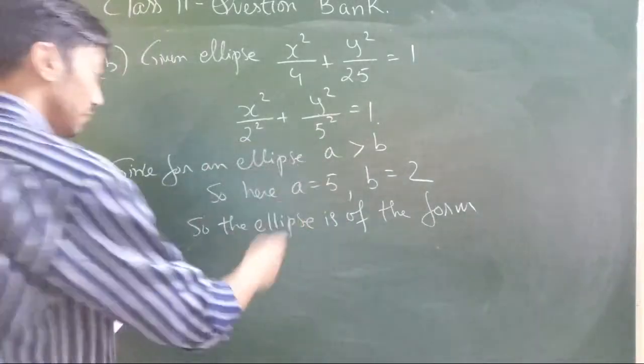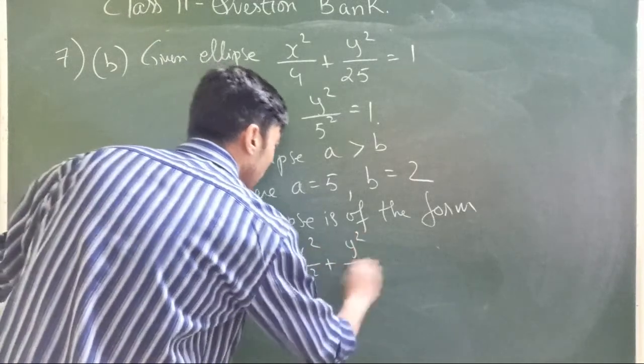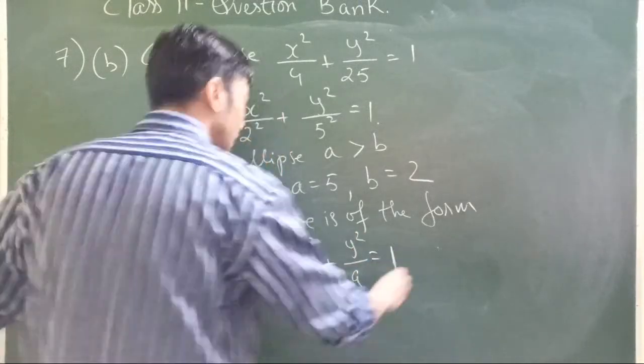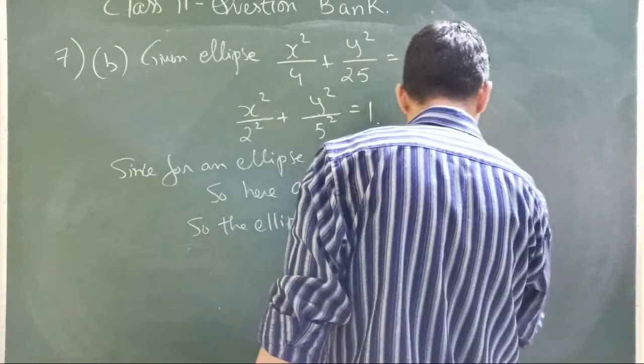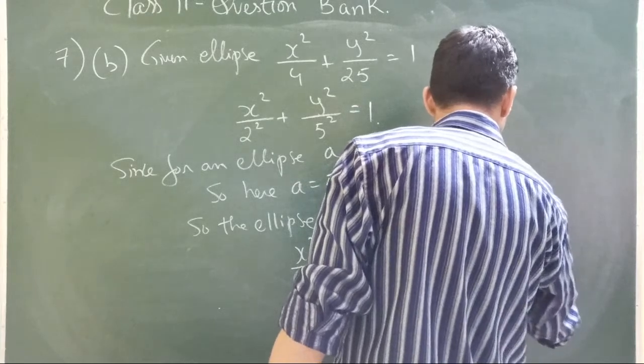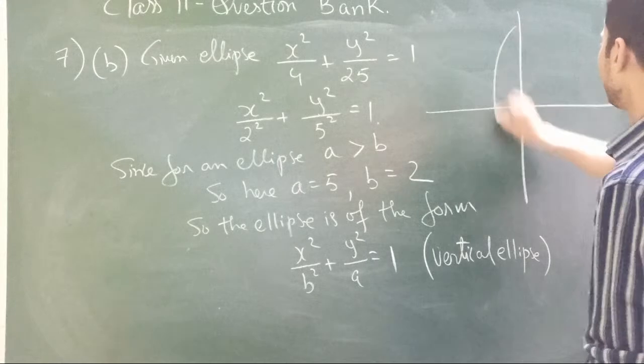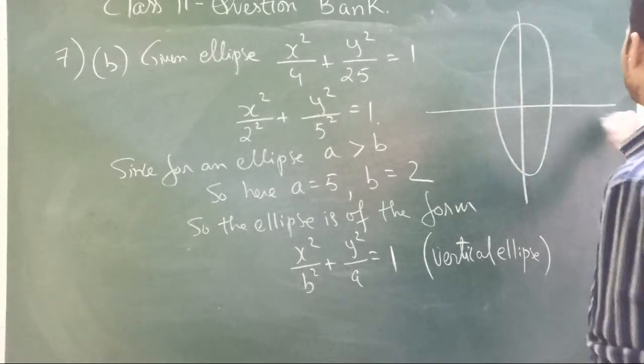So that means this ellipse is of the form x squared by b squared plus y squared by a squared is equal to 1, which is a vertical ellipse.